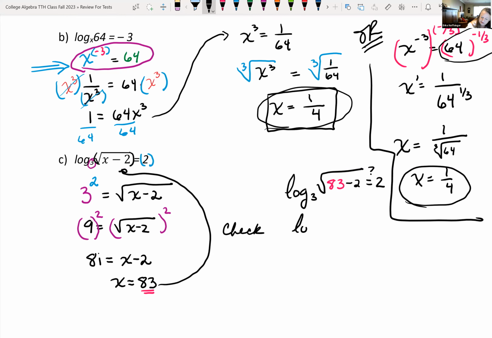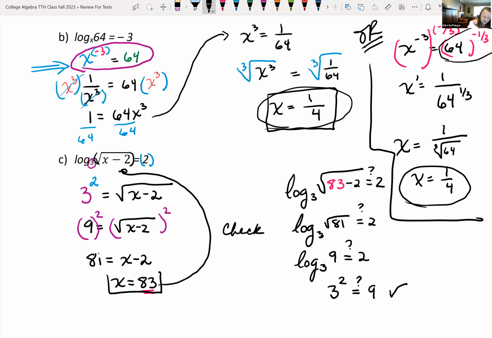Well, log base 3 of the square root of 81, is that equal to 2? We can simplify a little more. Log base 3, the square root of 81 is 9. Is that equal to 2? Rewriting in exponential form, 3 squared is equal to 9. And it is. So we're good. We found that our solution was x equals 83.